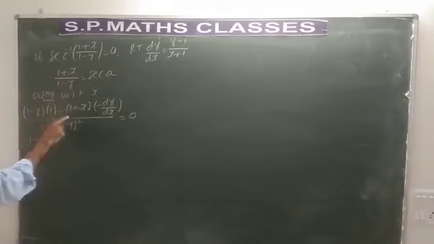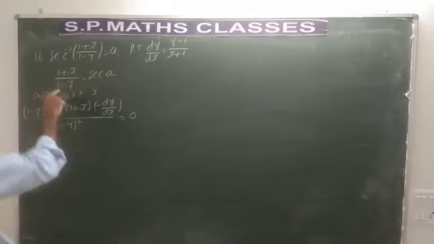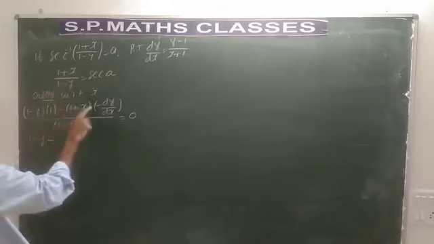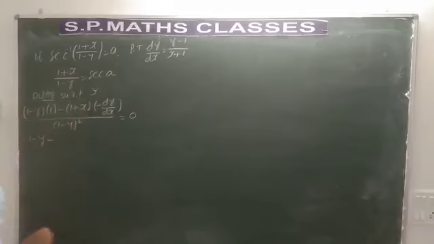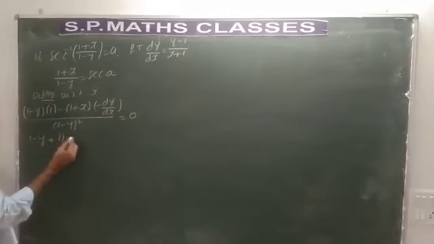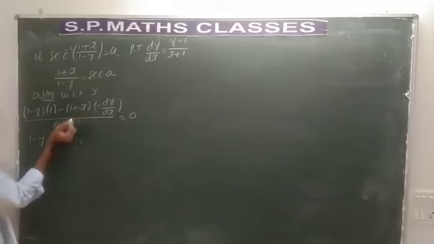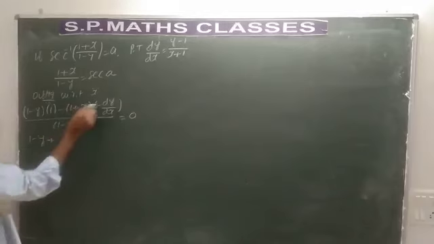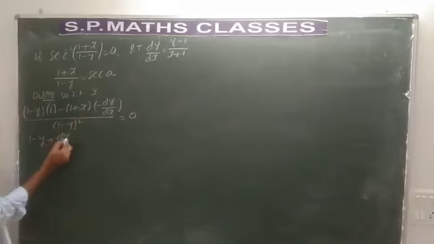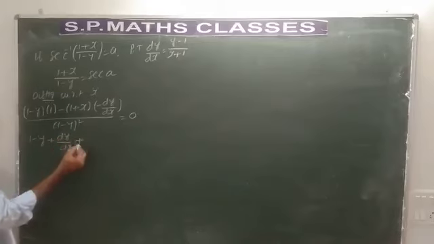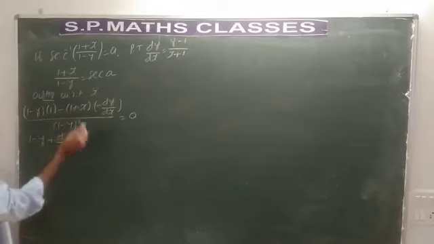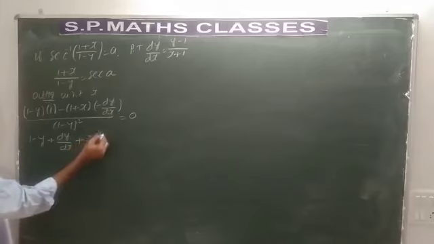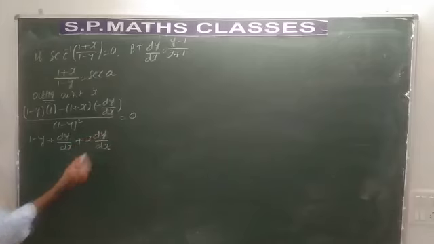It is 1 plus x into derivative of 1 minus y, which is minus dy by dx, is equal to derivative of secant a, that is equal to 0. 1 minus y, minus into minus plus, it is dy by dx, minus into minus plus, it is x into dy by dx.